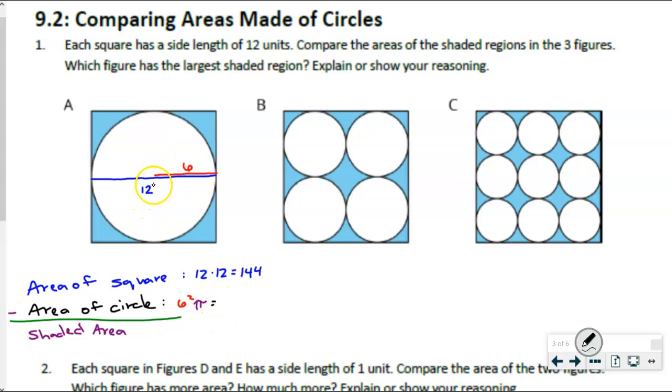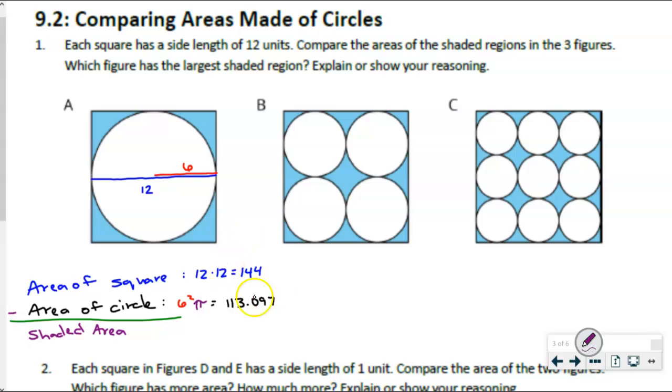Okay, so 12 divided by 2 gives us the radius, so that's why I'm using 6. 6 is squared and multiplied by pi. How many decimals of accuracy did you give me, Liv? Let's go, just for funsies, let's go a few more. So let's go 113.097, just like we had on our warm-up. Okay, area of the circle is 113.097.